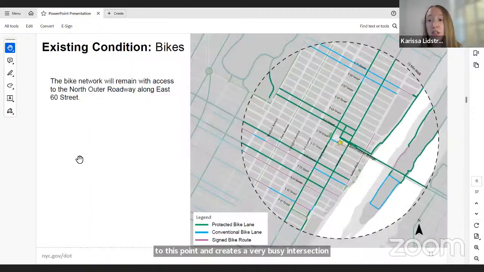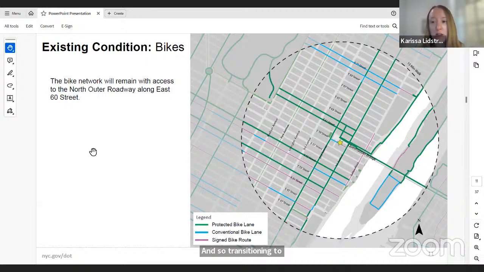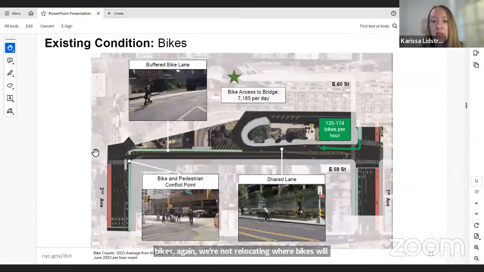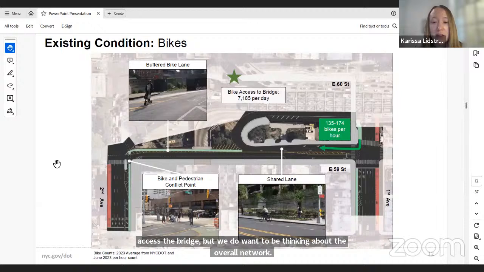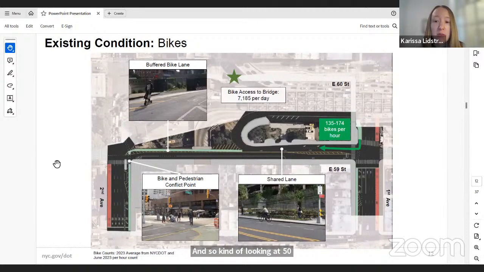Transitioning to the existing conditions for bikes, again, we're not relocating where bikes will access the bridge, but we do want to be thinking about the overall network. Looking at 59th Street, there is a high number of bikes that use 59th Street to connect to Second Avenue southbound.